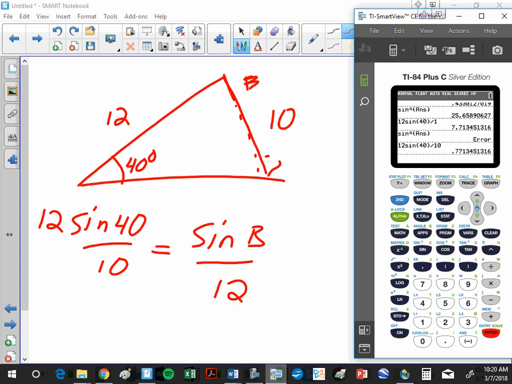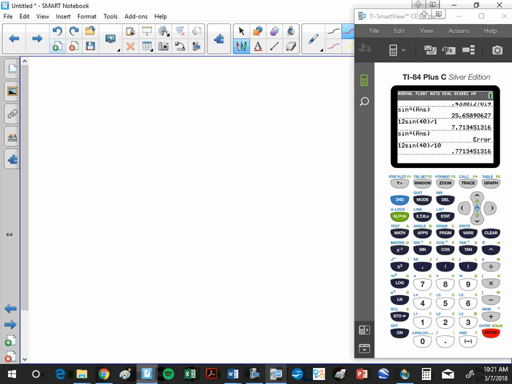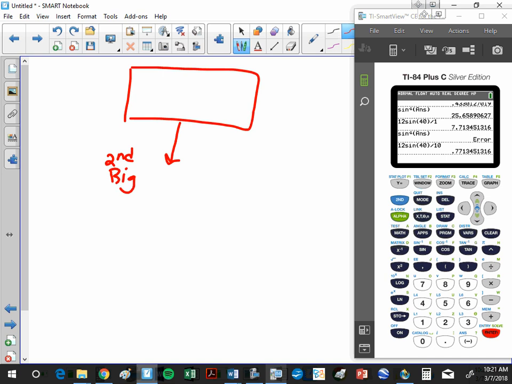Okay, so here are the questions. So we have a triangle. So we have a whole bunch of triangles, and we ask this question: is the second bigger or is the second smaller? If the second side is bigger, what does that tell us? 1 triangle.